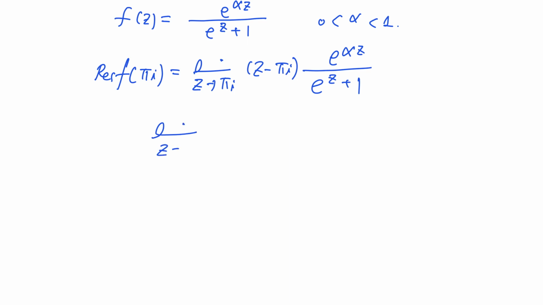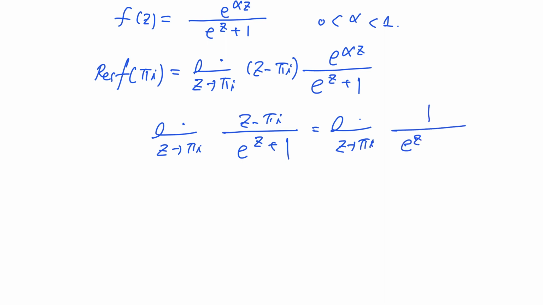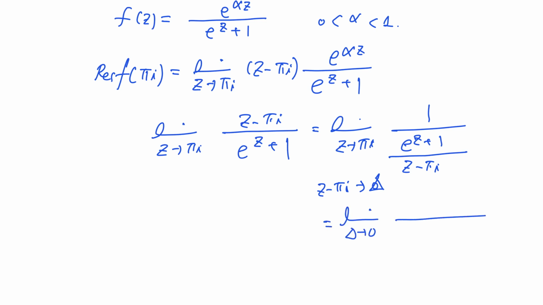So what happens? z minus pi i goes to delta, delta goes to 0, delta over exponential of pi i plus delta, minus, right?